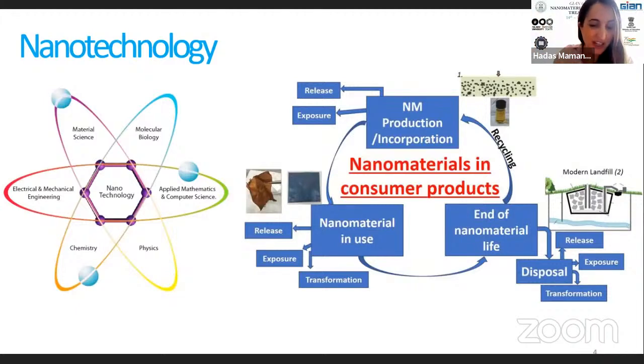Nanotechnology lies at the intersection of these scientific and engineering disciplines. These materials are confined to the nanoscale range, and they can have novel optical, electrical, computational, mechanical, and chemical properties in comparison to the same material at the larger scale.